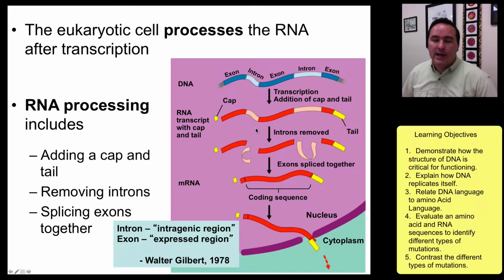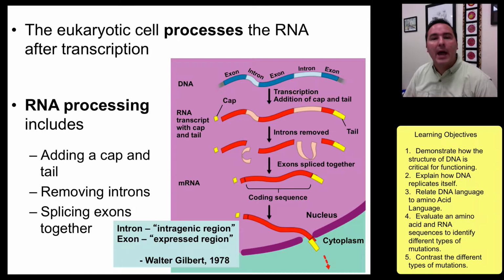Just as an aside right now, I want to talk about something that's really important, and this is called alternative splicing. It turns out that in eukaryotes you can actually sometimes splice together exon 1, exon 2, and exon 3, or just exon 1 and exon 2, or just exon 2 and exon 3, or just exon 1 and exon 3. And so you can have these alternative ways of splicing together these exons.